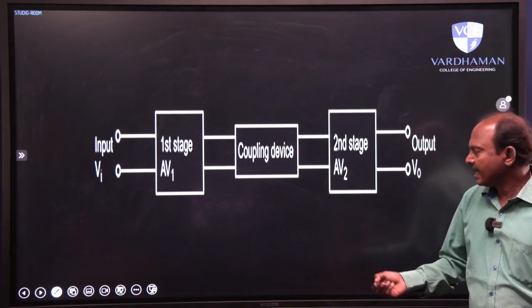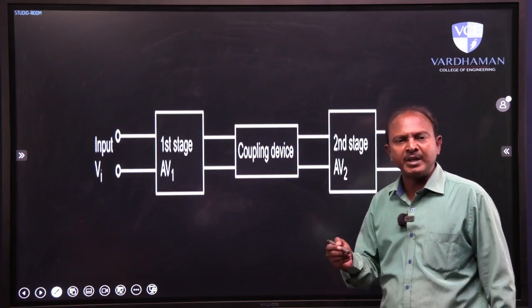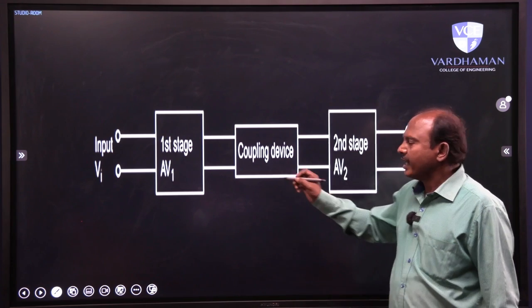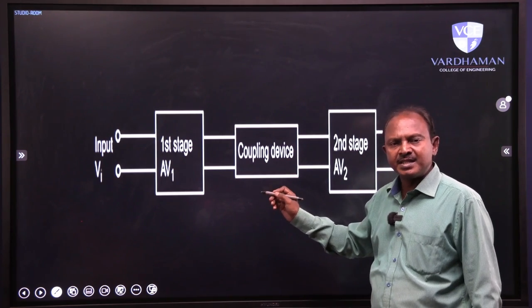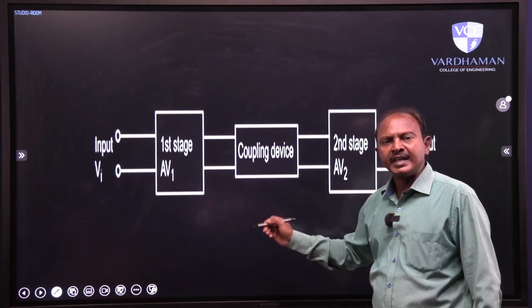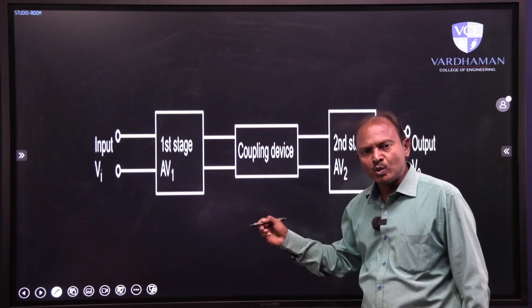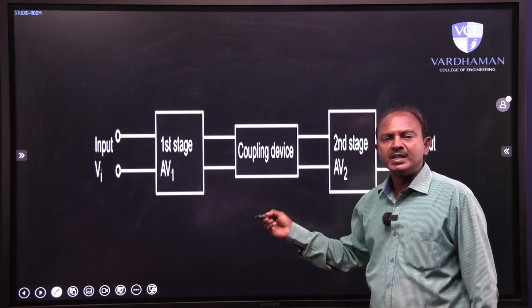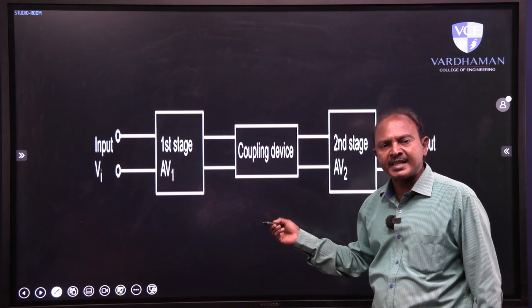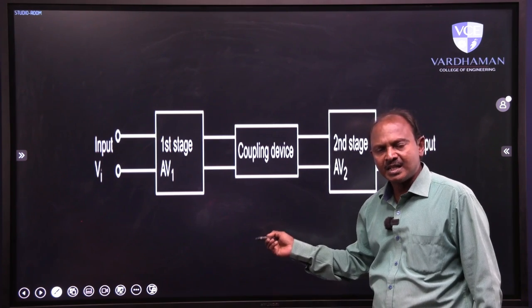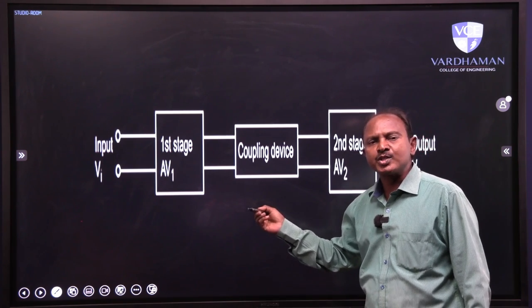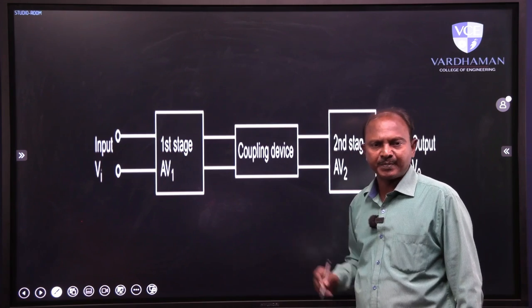Of course, as we have discussed in the previous lecture, a multi-stage amplifier is a cascaded version of n number of single stage amplifiers. In other words, if two or more than two single stage amplifiers are cascaded or connected in series, such a circuit is called as multi-stage amplifier.